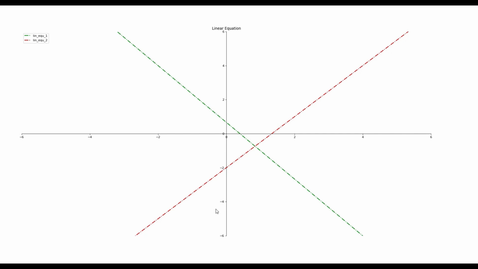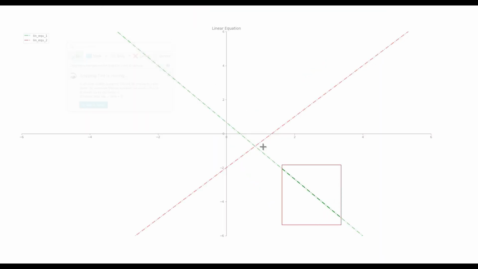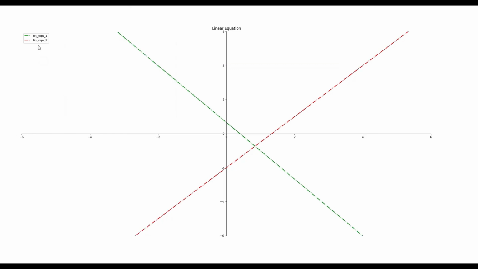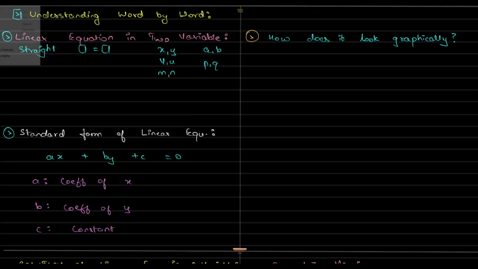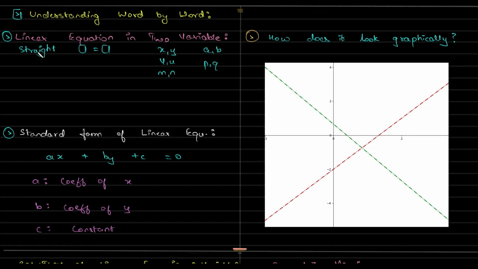Right, so what is it that we are looking at? We are looking at two lines, linear equation 1 and linear equation 2, one being green and the other being red. So how do they look? They look straight. That's why the name linear.